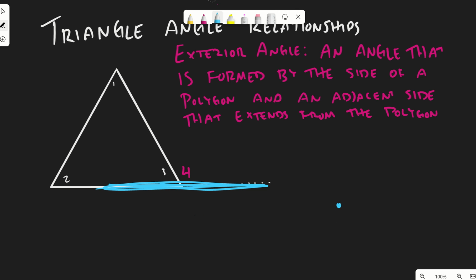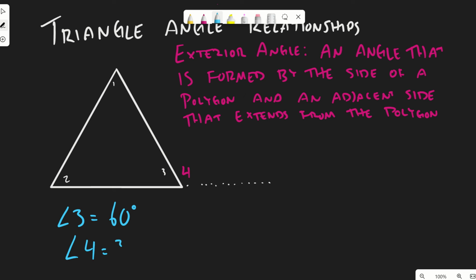So let's say I have this exterior angle, and I know angle 3 equals 60 degrees. So what does angle 4 equal? Well, remember, angle 3 plus angle 4 equals 180 degrees.